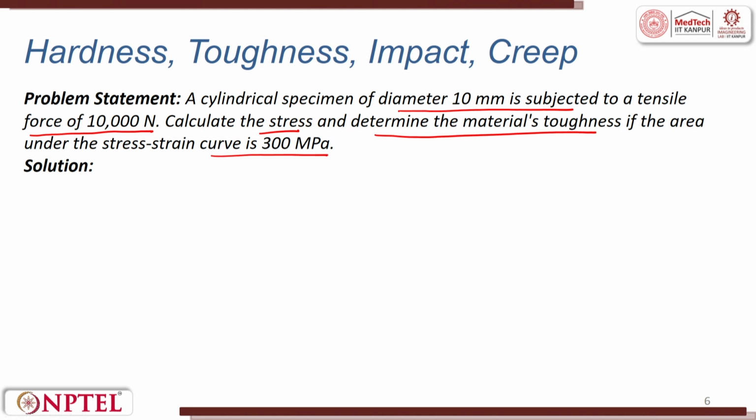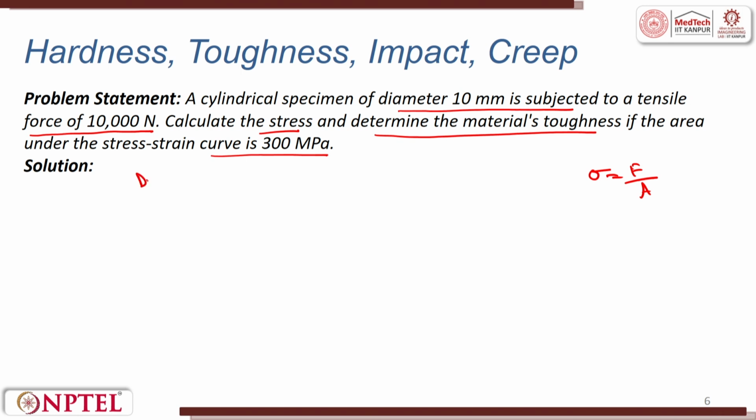This area under the stress strain curve was also discussed by Professor Ramkumar. Stress is equal to force per unit area. Force is given here as 10,000 Newton in SI units, and megapascal could be converted into SI units, and the cross section area we can calculate using the diameter.